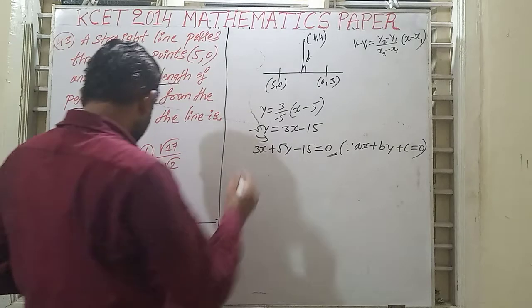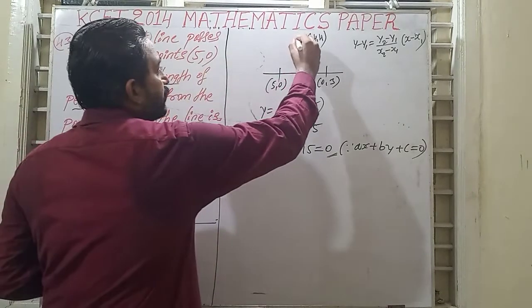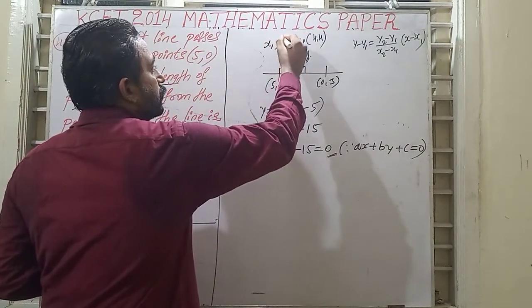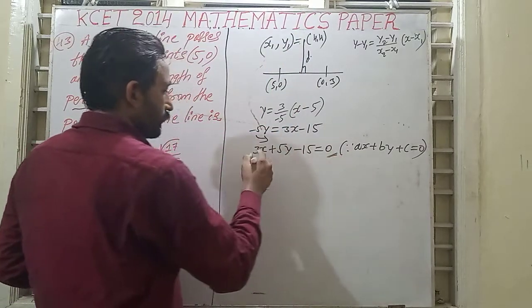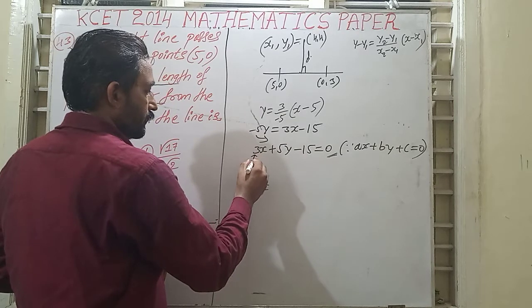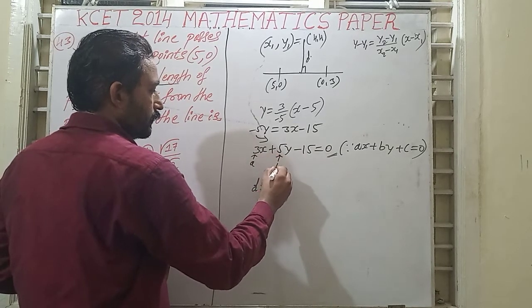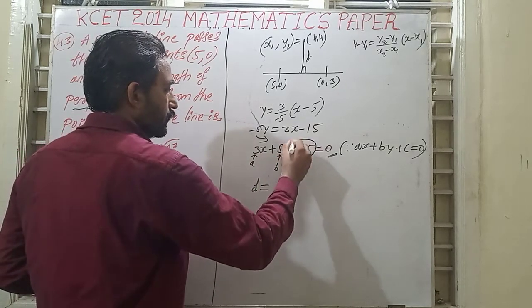What is the x1 y1 in this case? The point x1 y1 is 4, 4. So directly you can write d is equal to, this is a, this is b, this is c.